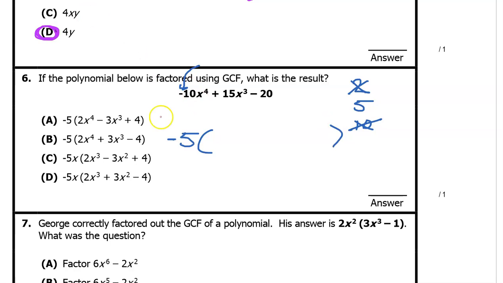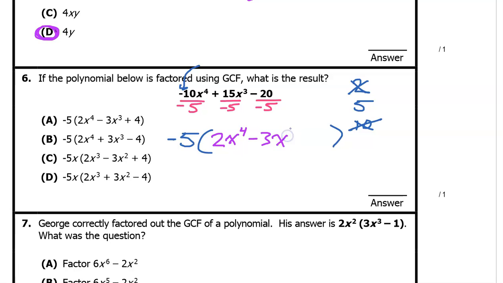Okay, so the GCF is -5, so we will figure out what goes inside the parentheses by dividing everything by -5. -10 divided by -5 is +2. And then the variable part is unchanged by this. +15 divided by -5 is -3.